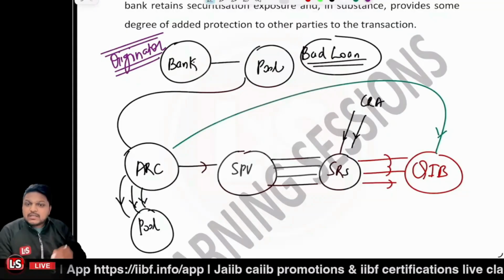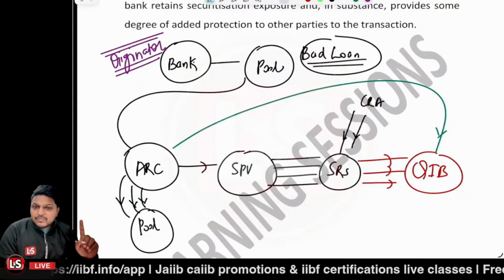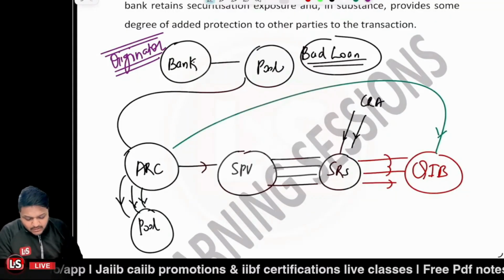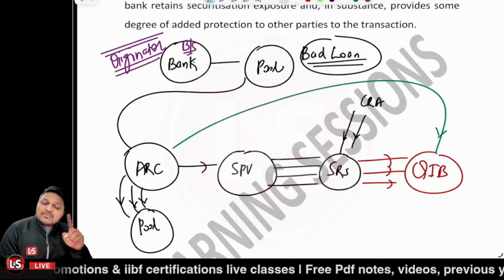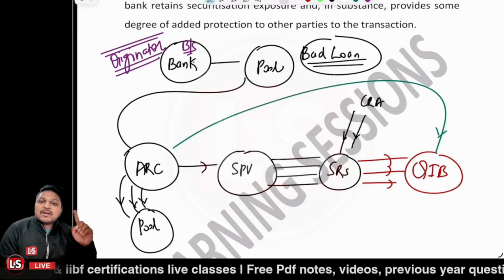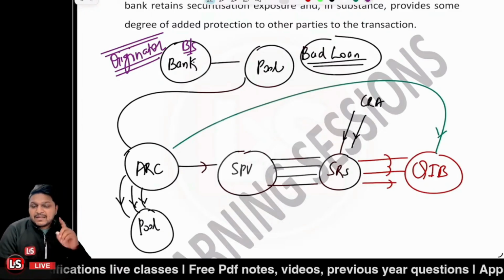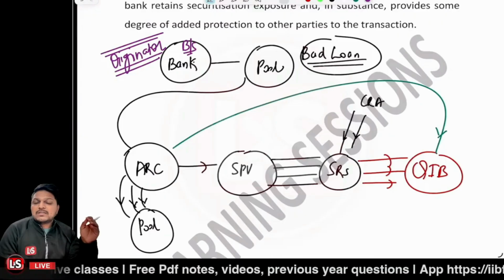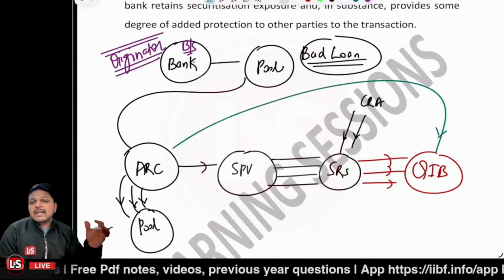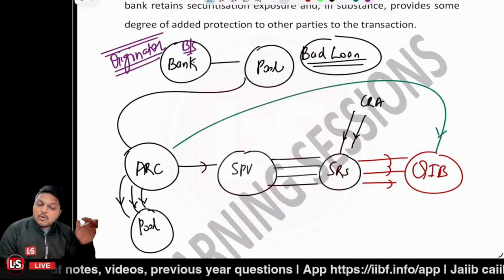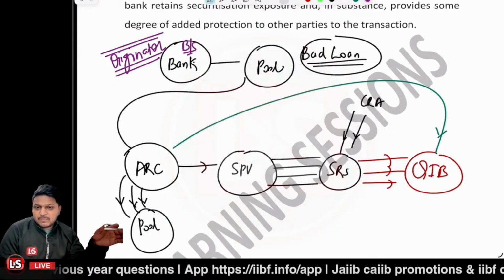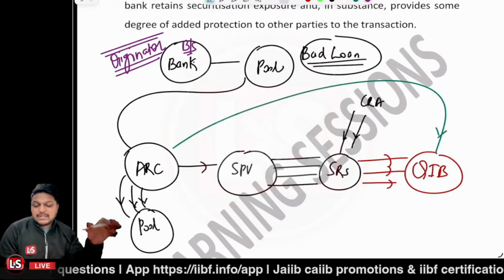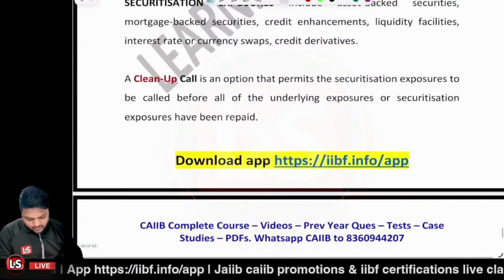Credit risk is transferred fully or partially using credit derivatives. Like we learned about the CLN, that was a funded instrument. Only the credit risk was transferred using the same. So that technique is used. That is synthetic securitization. Is that clear?